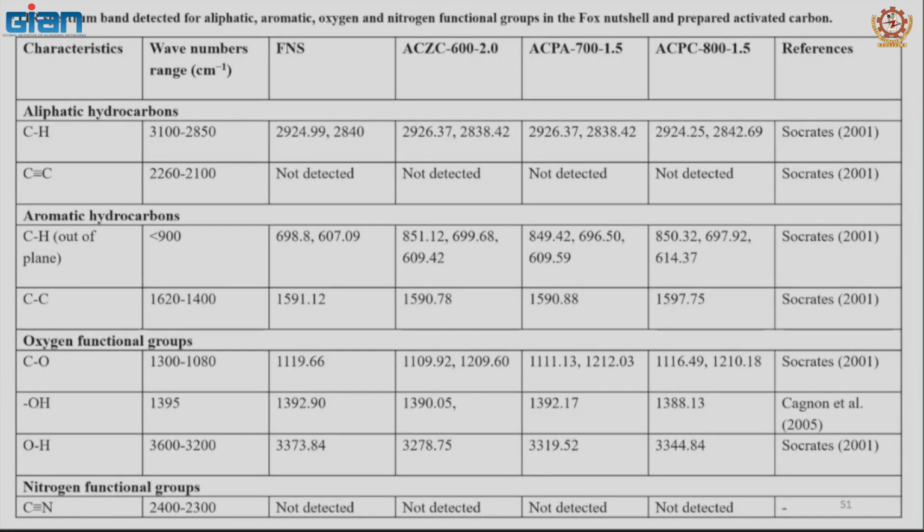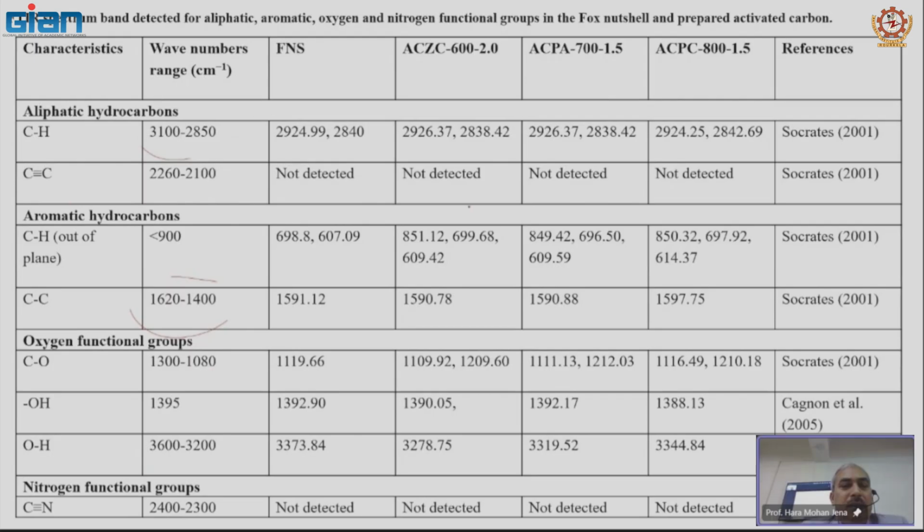The wave number for CH is 3100 to 2850, for carbon it is 1620 to 1400 in this range, then OH, CO, carbon triple bond, etc. These are the things for the different types of prepared activated carbons. It is listed here. That means a significant amount of functional groups is present on the prepared activated carbon.